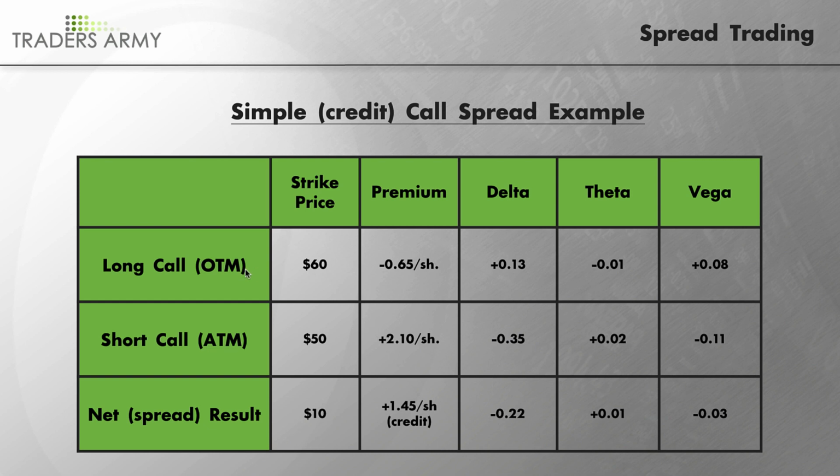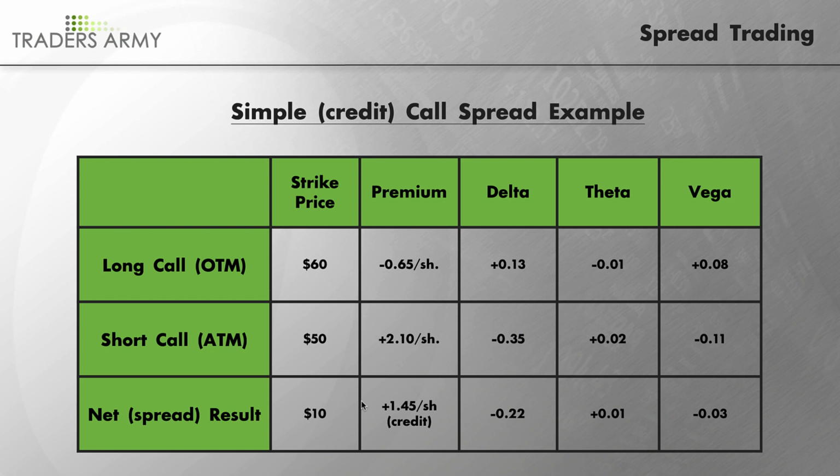Those are out of the money, therefore cheaper to purchase. So if we received $2.10 credit for selling these calls, but paid 65 cents for these calls, then we still have a net credit of $1.45 per share coming into our account.